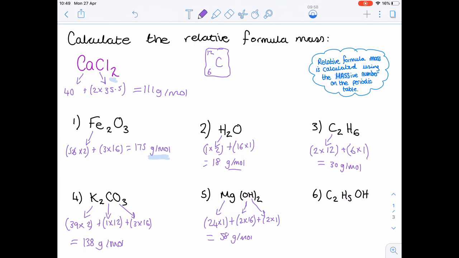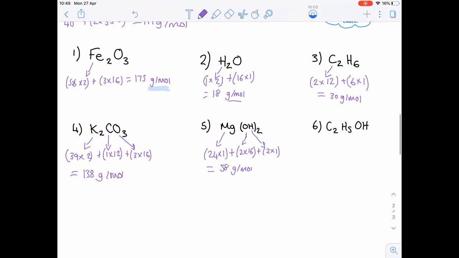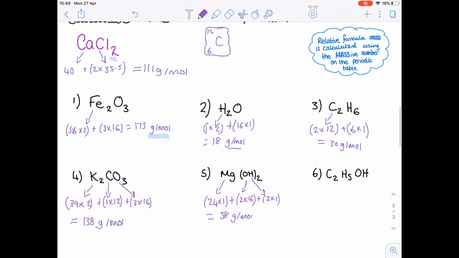Final chance to get this right, so just mark in your answers in another colour pen if you've got one.